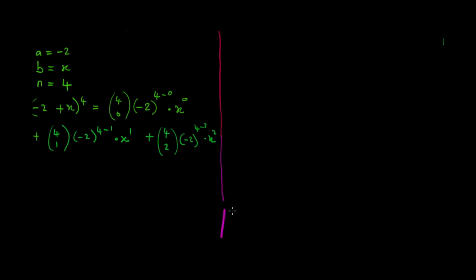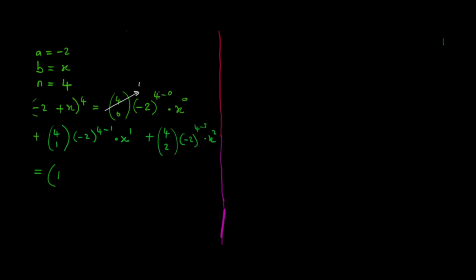Okay, so having set it up like that, if we go to our calculator to simplify, this is going to be equal to, in our calculator we start by finding out what 4 choose 0 is. We see that 4 choose 0 is 1. So for our first term we have 1. Then we multiply with (-2) to the power 4 minus 0 which is 4. 2 times 2 is 4, 4 times 2 is 8, 8 times 2 is 16.